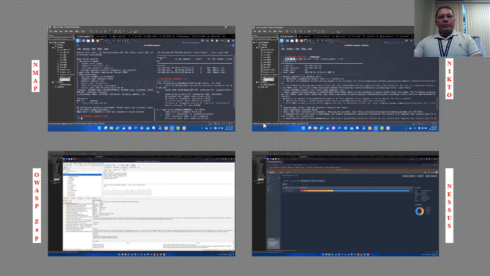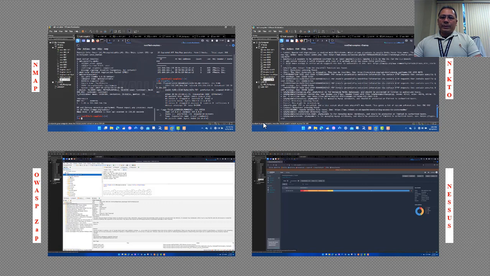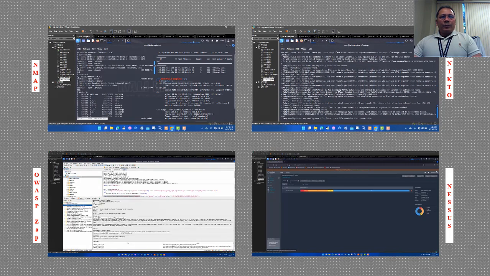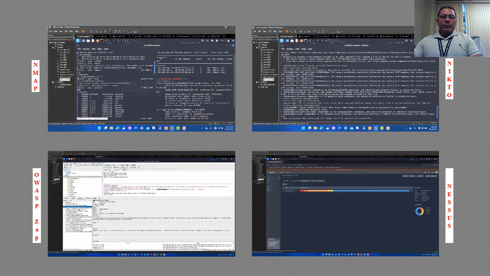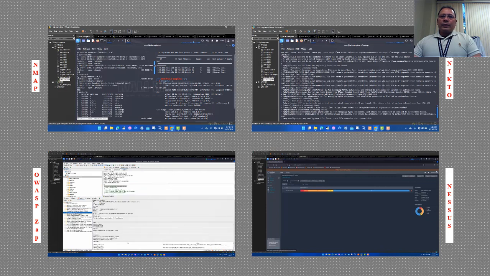Nikto is a web server scanner that can be used to scan the web server on the target for dangerous files, CGIs, outdated server software, and other problems. OWASP provides guidelines and resources for improving application security. You can use the OWASP as a starting point for identifying potential vulnerabilities in the web applications running in the target.